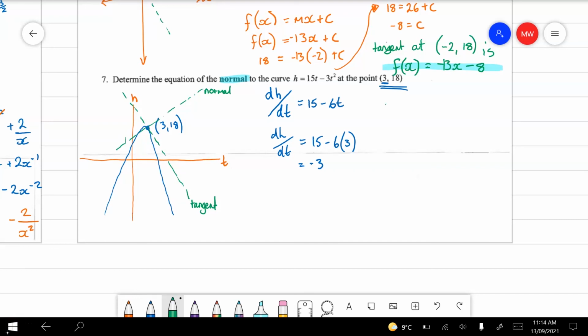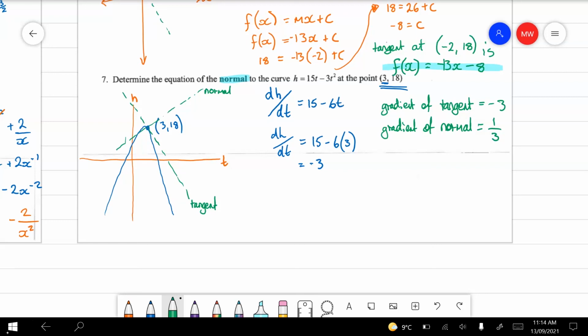That means that the gradient of the tangent is minus 3. So the gradient of the normal, remember we had to flip it upside down and reverse the sign, so this becomes positive 1/3, okay? Because we're looking for the perpendicular line.